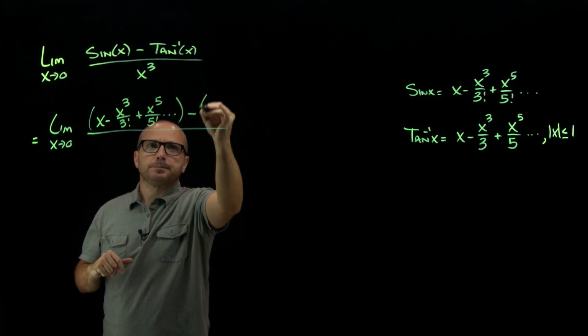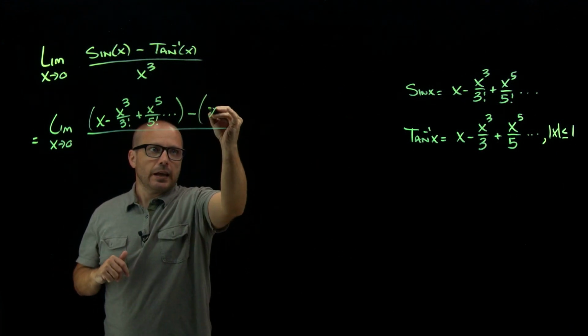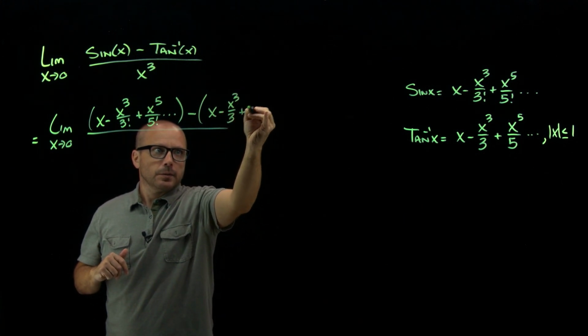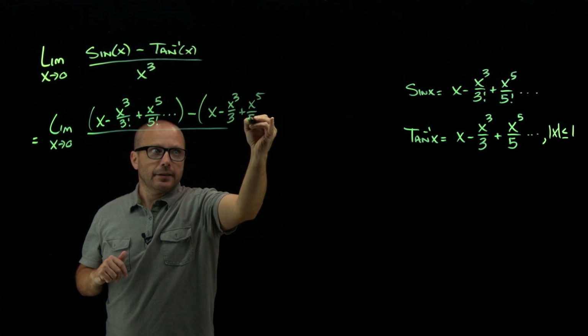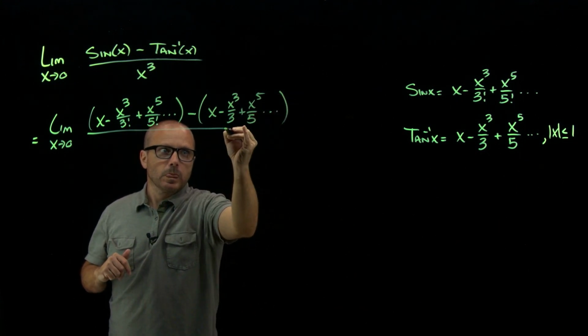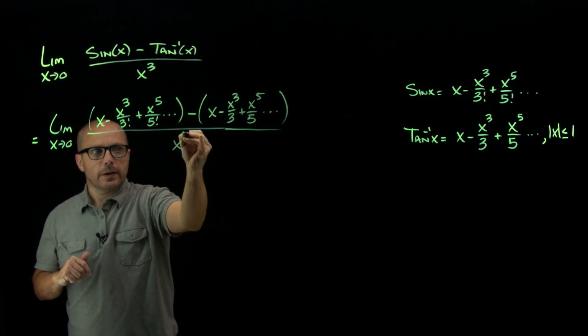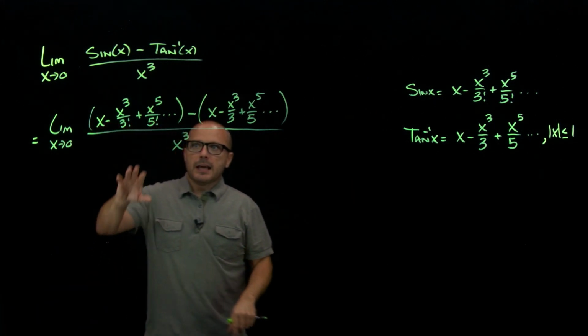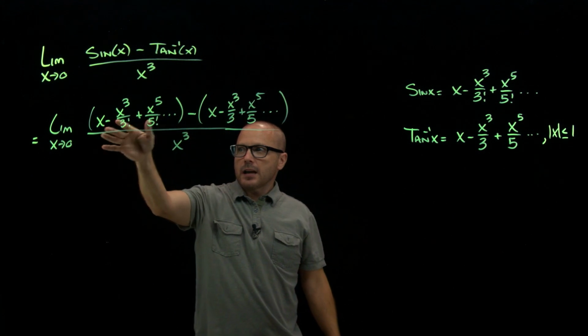So minus tan inverse is x minus x cubed over 3 plus x to the 5th over 5, and so on, all over x cubed.